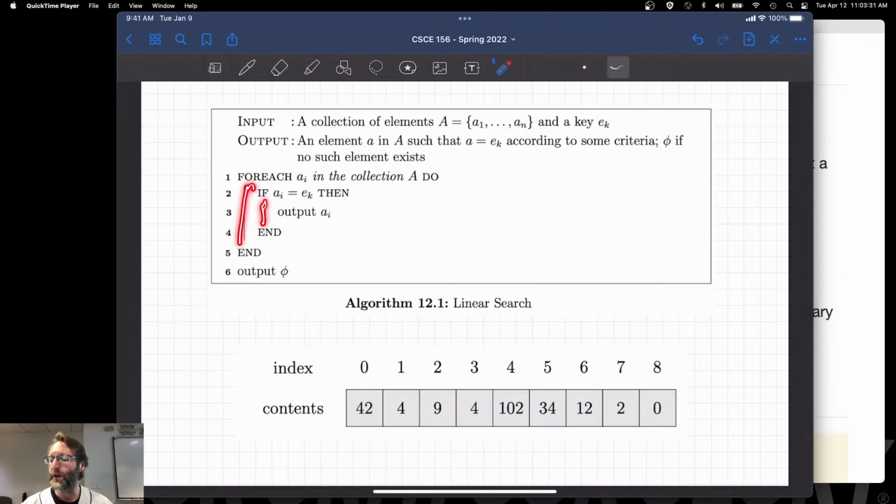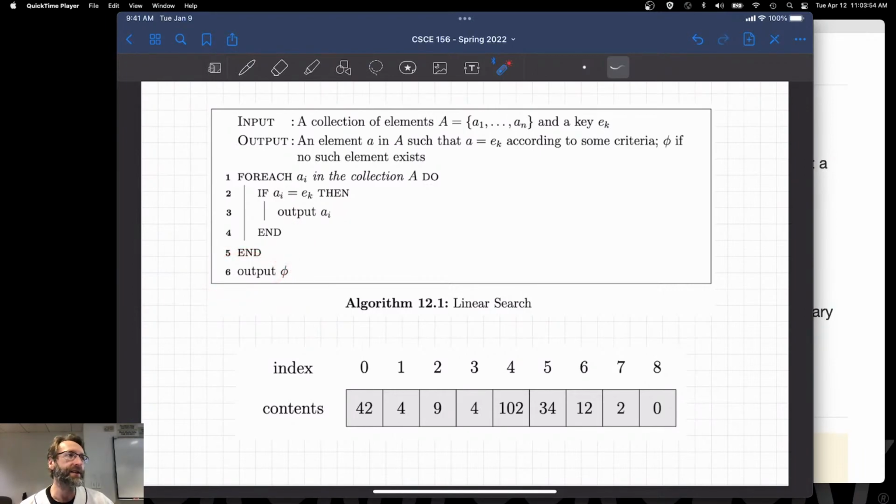Instead, code blocks here are denoted by these vertical lines with an opening block and then an end keyword down here.